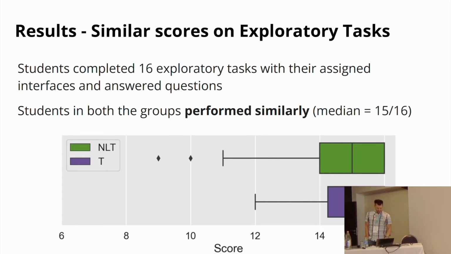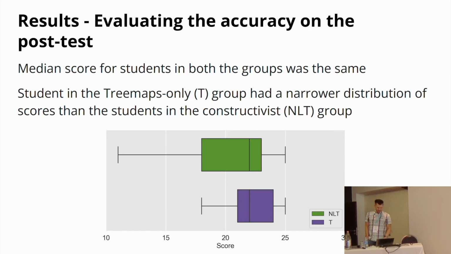The students completed 16 exploratory tasks with their assigned interfaces and answered the questions, and they performed very similarly. The median score for students in both groups was the same. The students in the Treemap's only group had a narrower distribution of scores than the students in the Constructivist group.